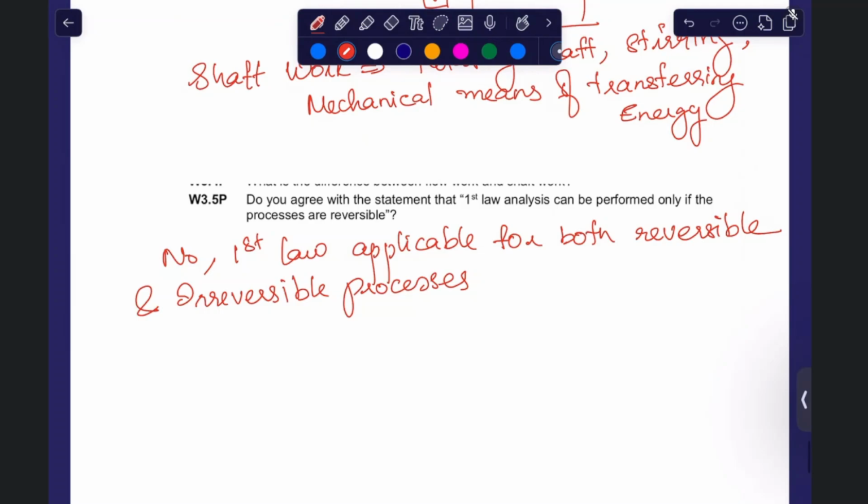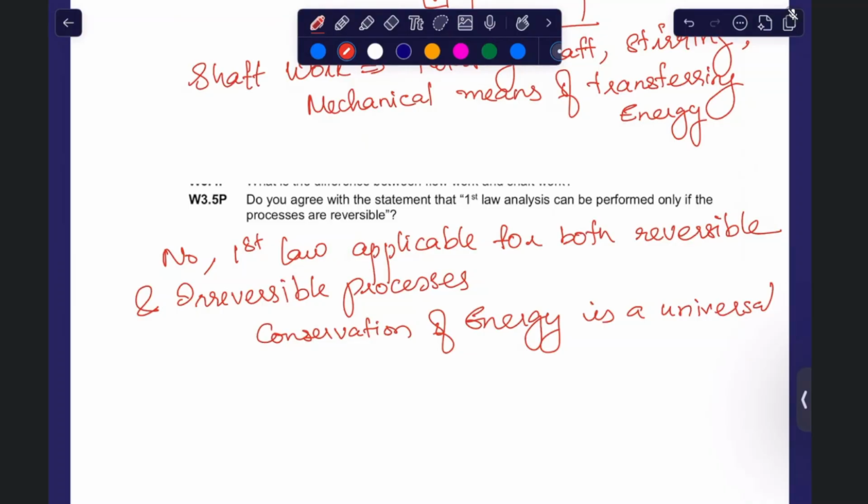Why? First law is conservation of energy, right? Just like when we were discussing the mass conservation law, conservation of energy is a universal law.